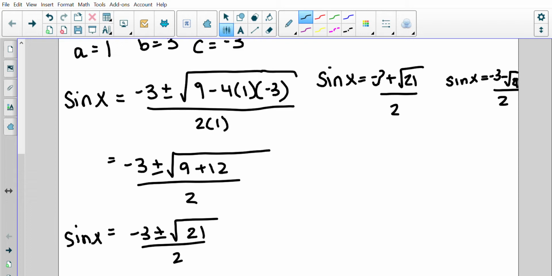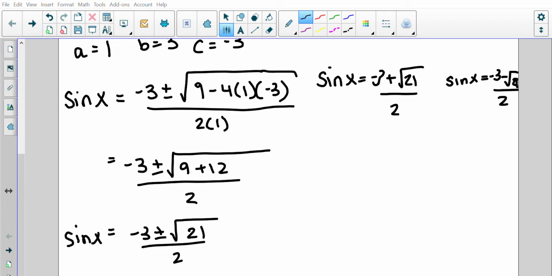So the first thing I would have you do is actually evaluate what these decimals are. So I'm going to go into the calculator, and just in the regular screen, I'm going to type in negative 3 plus the square root of 21, and I'm going to divide that number by 2, and I got 0.791-ish.